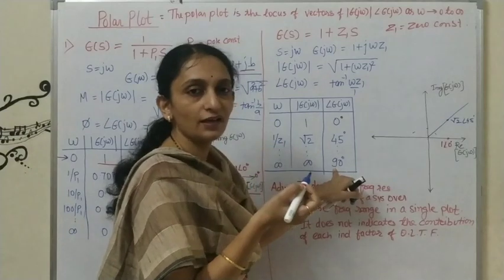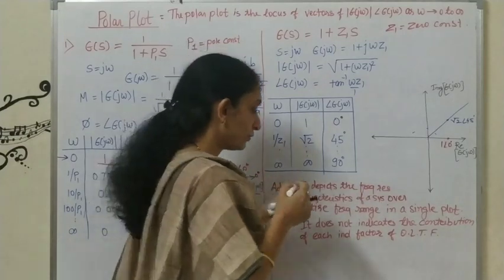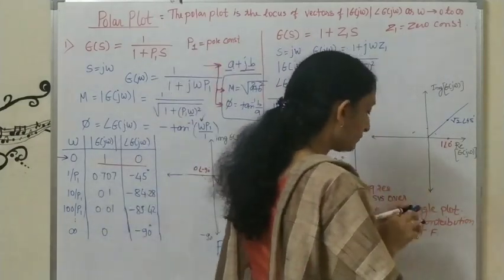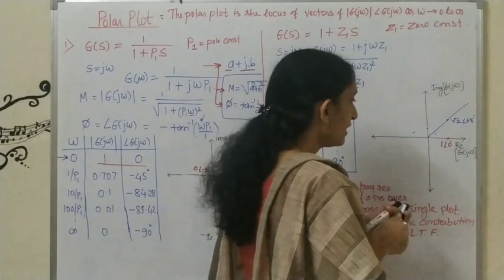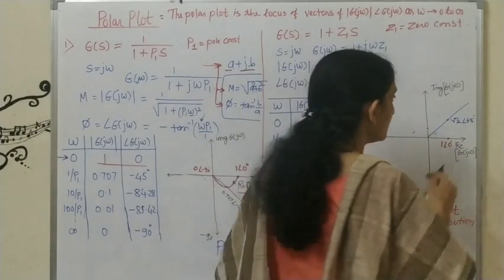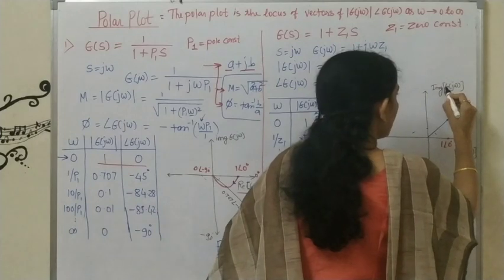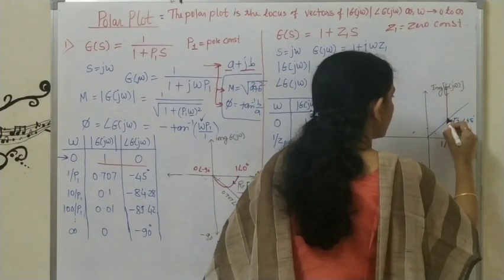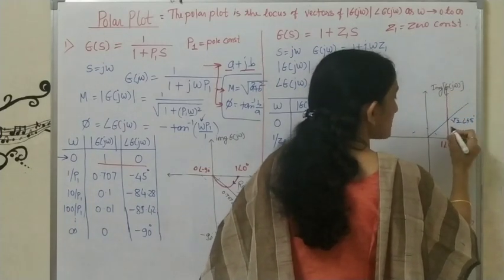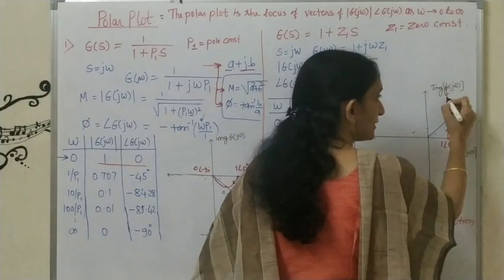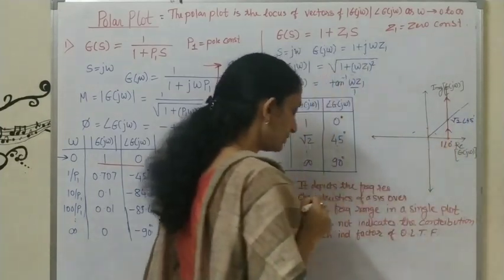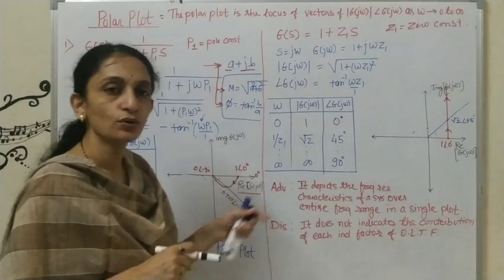Infinity I cannot plot, that is the last point. When I join all the points I will get a polar plot that is parallel to the imaginary axis. So this is my polar plot. The starting point is 1 at an angle of 0 and the end point is infinity at an angle of 90.